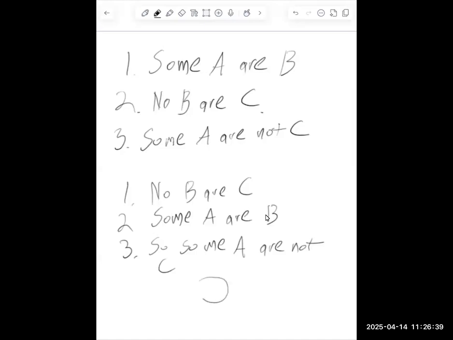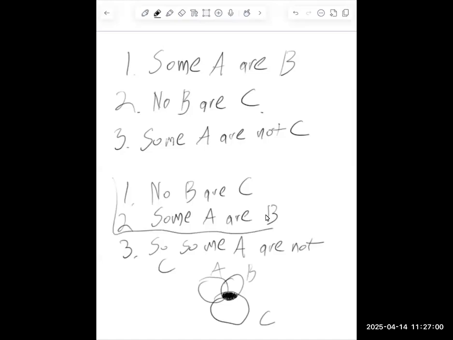Because then we have, you know, no B is C. We black out everything here where B overlaps with C. That's an easy thing to do.